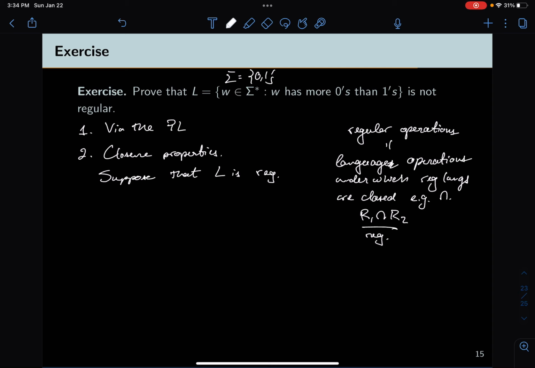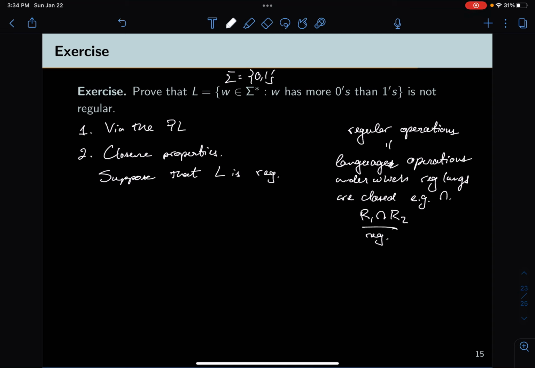The idea is we want to use a regular operation, or more than one, to create a new language that we will conclude by the closure properties is regular, when in fact we know that it isn't.